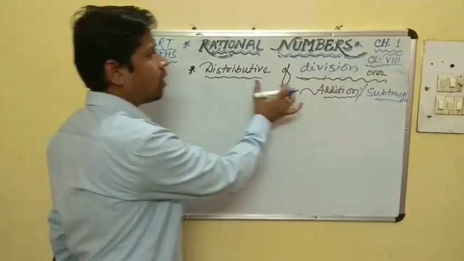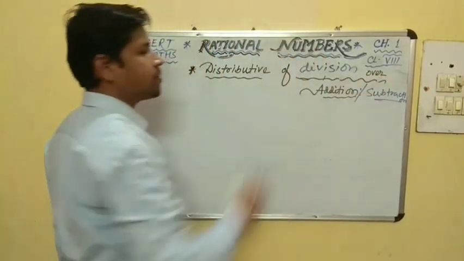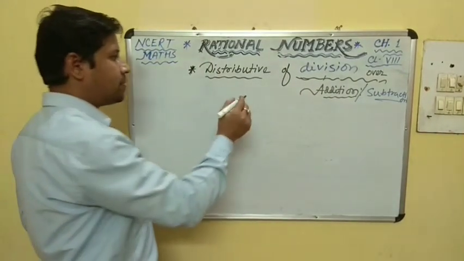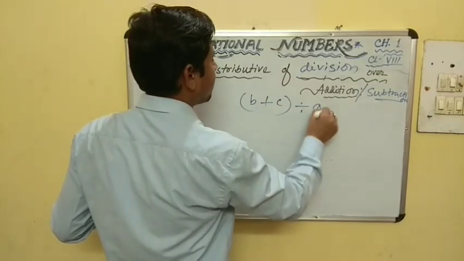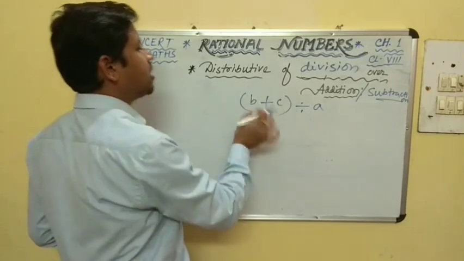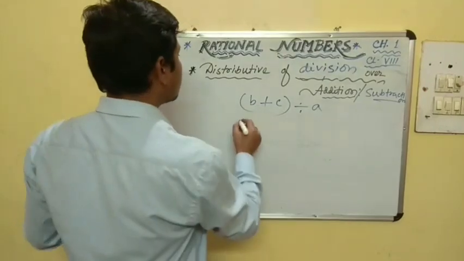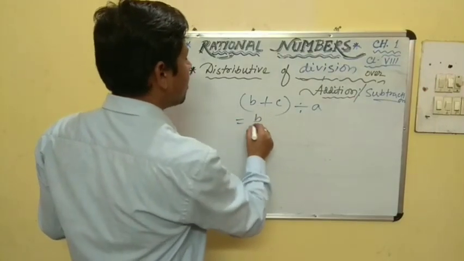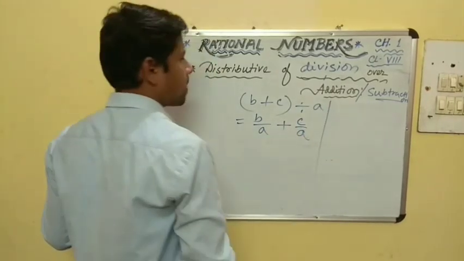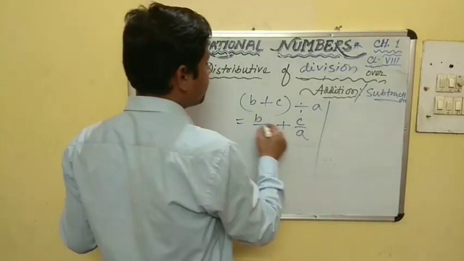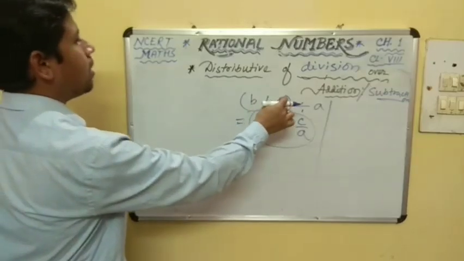In case of the distributive property of rational numbers, for division over addition or subtraction also, we can prove it similarly. Suppose B plus C divided by A. I mean A will be distributed between B and C. If there are more than two numbers also, I have taken only two here, minimum. So it will be B by A plus C by A, because A is distributing over addition.